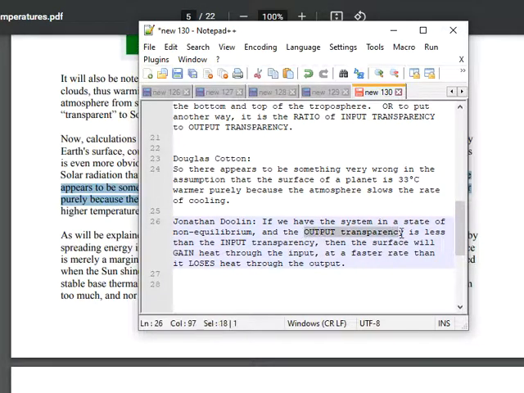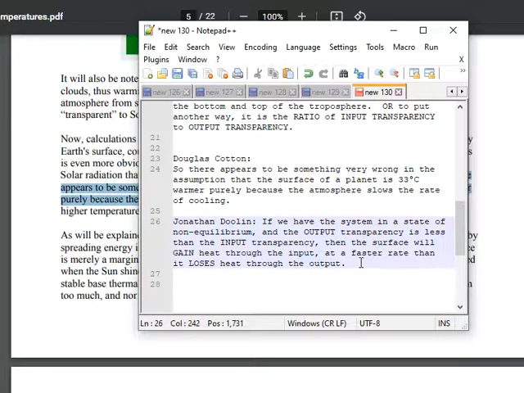Basically the light going out of the system is in the infrared, so the output transparency is low compared to the input transparency, which is the transparency of the atmosphere in visible light, which is fairly high. The surface will gain heat through the input at a faster rate than it loses heat through the output.